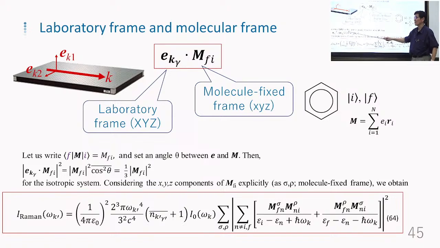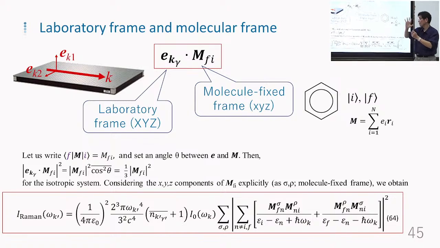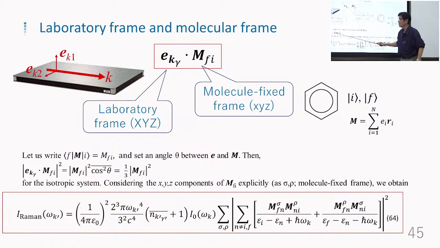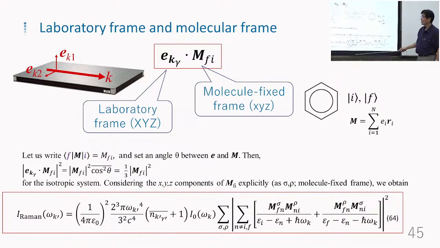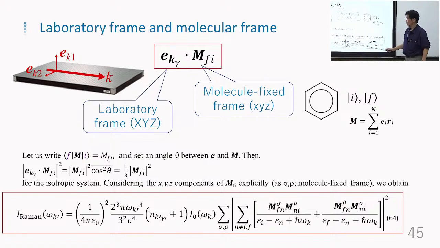And the expected value, the average value of the cosine square theta is 1/3 in the case the molecule randomly distributes, in the case of isotropic distribution. So we can replace this term with this term.